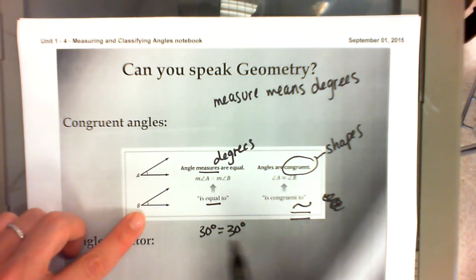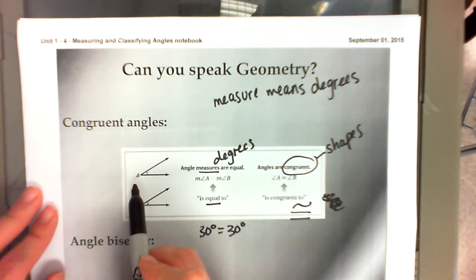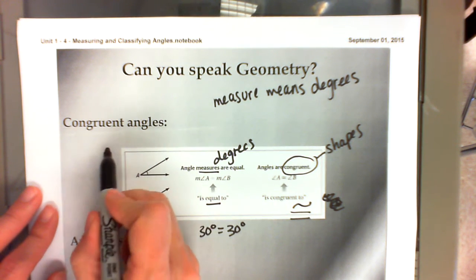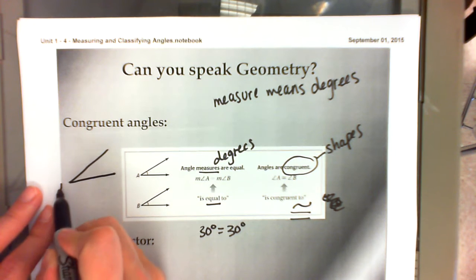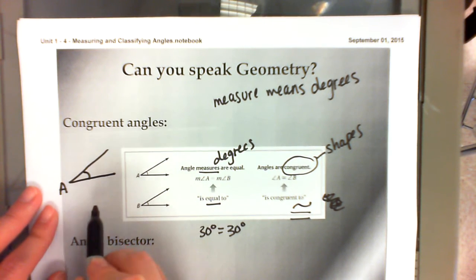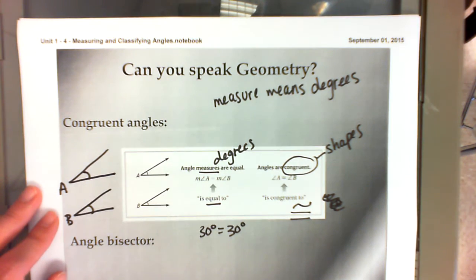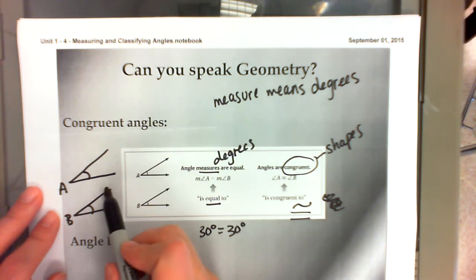In the diagram, congruent angles, this is angle A named by the vertex A. It has this little arch inside. So angle A, this little arch, and this little arch in angle B tells you that one single arch means both of the angles are congruent.